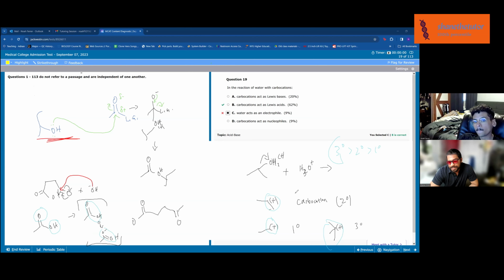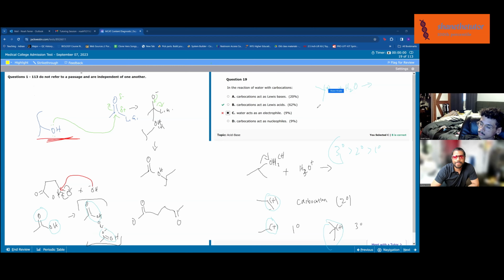So in this question stem, they're asking about water with a carbocation. So let's draw maybe a secondary carbocation plus water, right? So since we have a full-fledged positive charge there, what do you think will happen?